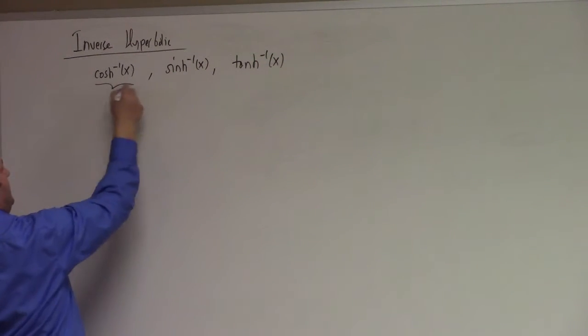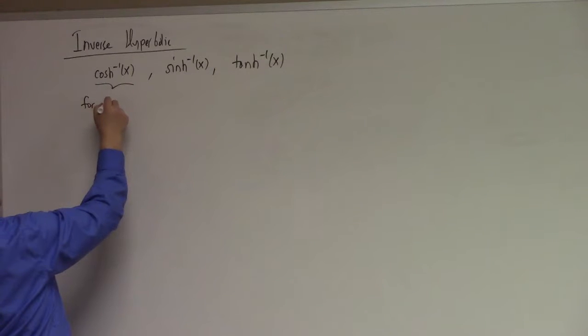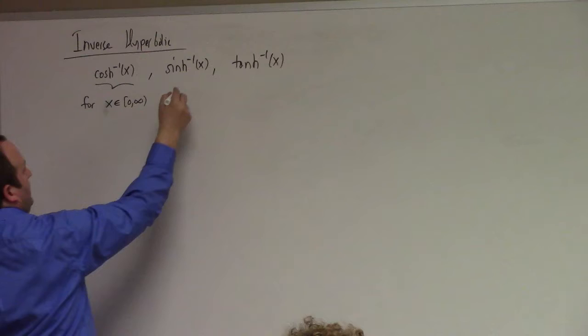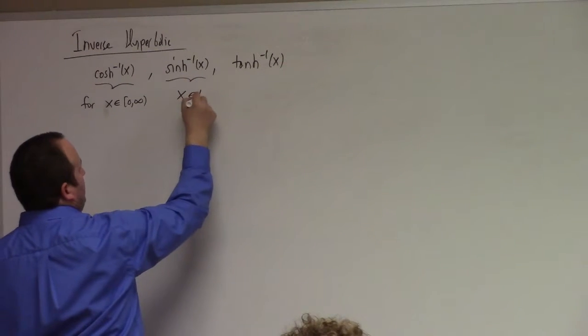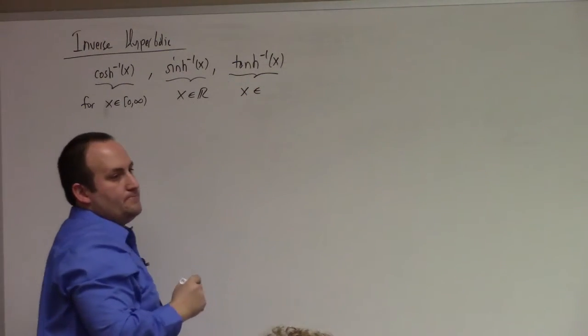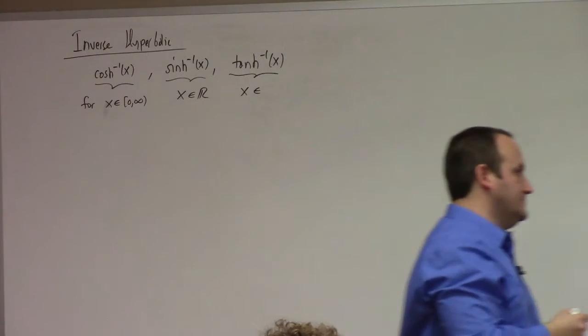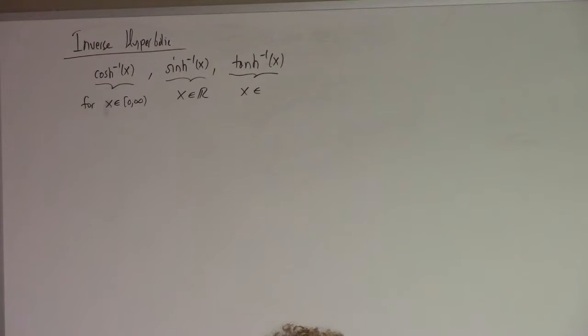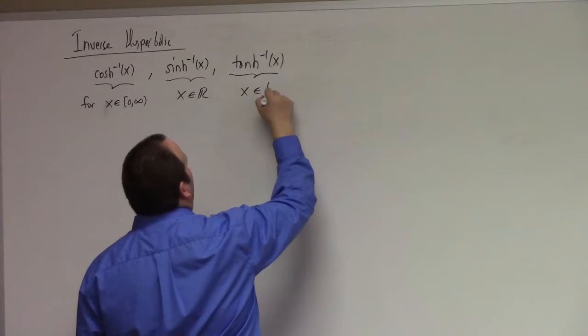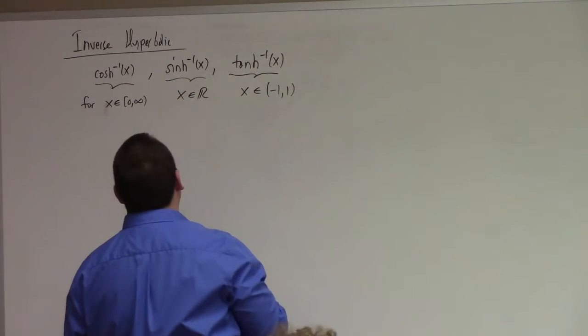Now this one is going to be for x an element of 0 to infinity. This is just for x in the reals. And this is for x where? Yeah, negative 1 to 1. Oh, I'm wrong. Not this one, this one's fine. The first thing I wrote is wrong.